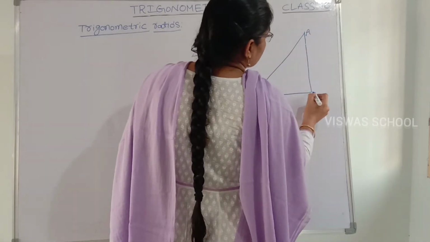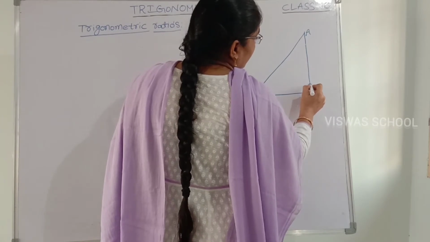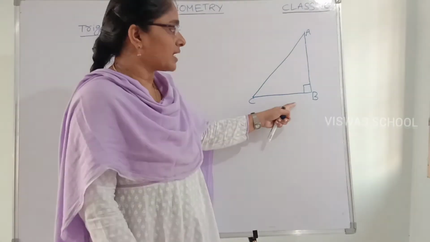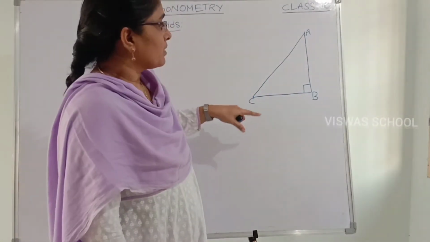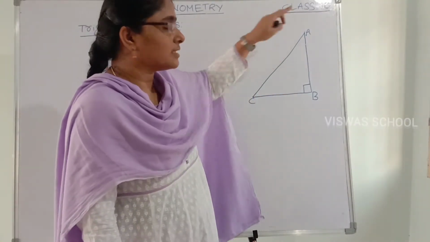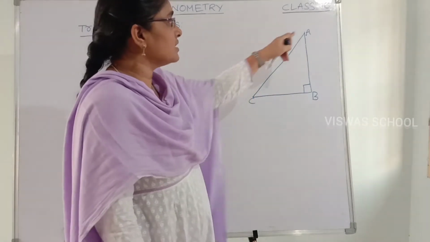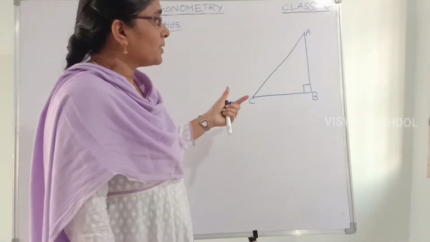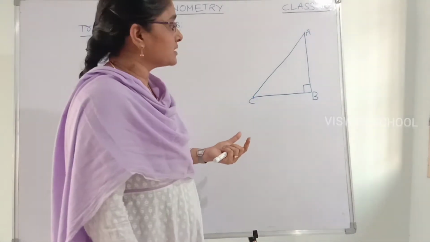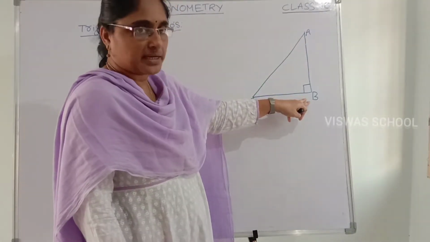This is A and this is B and this is C. And here, right angle triangle at B. If it is a right angle triangle at B, then what about angle C and angle A? If this is a right angle, then these two are acute angles, because the sum of the 3 angles of a triangle is 180 degrees. That's why these two are acute angles, and right angle means this is 90 here.